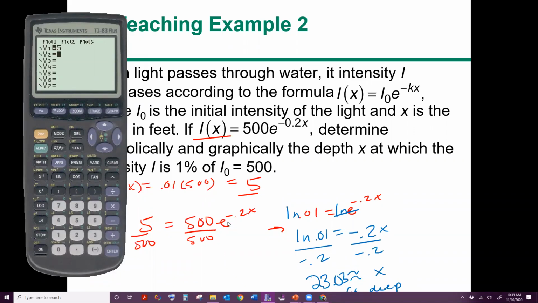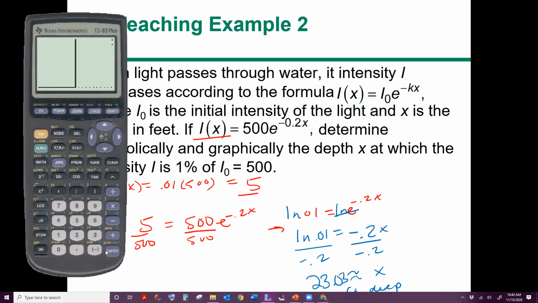Your y2 is your right side, and my right side is 500 e to the negative 2x. Then I hit graph. It's thinking, and I can't see anything, so I'm going to go to zoom and try zoom fit, to see if it'll find it for me.